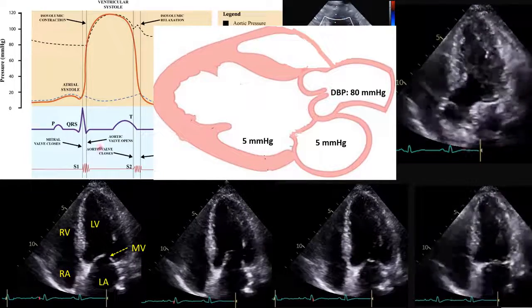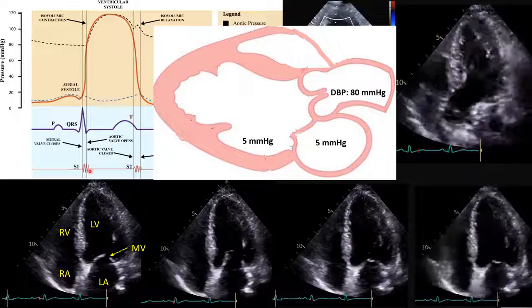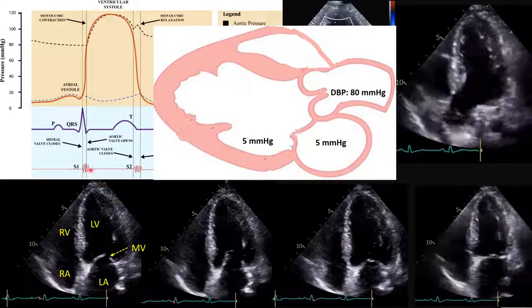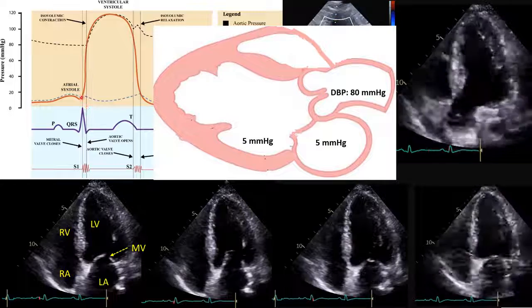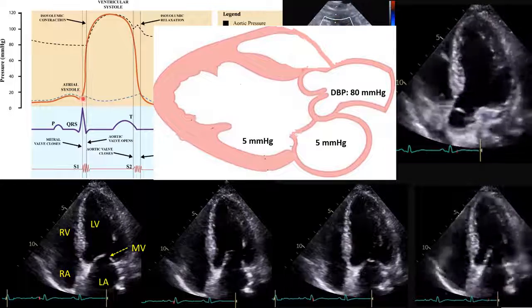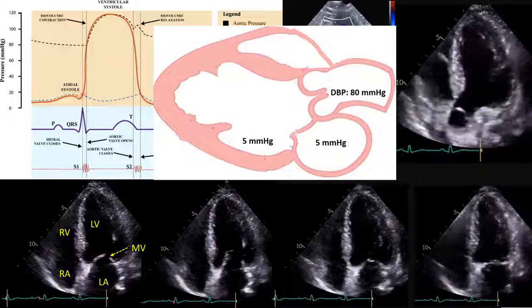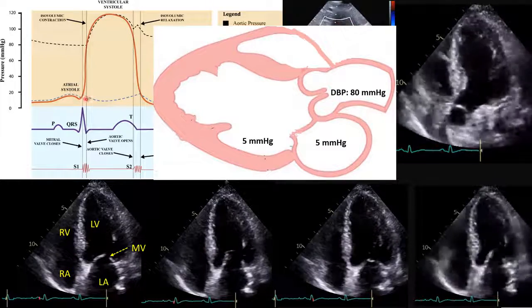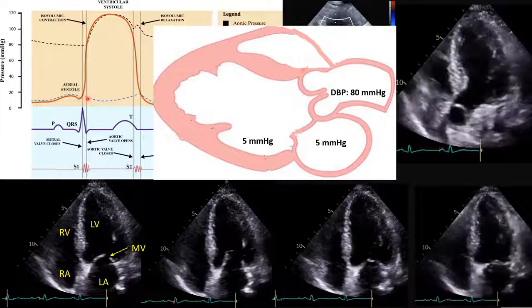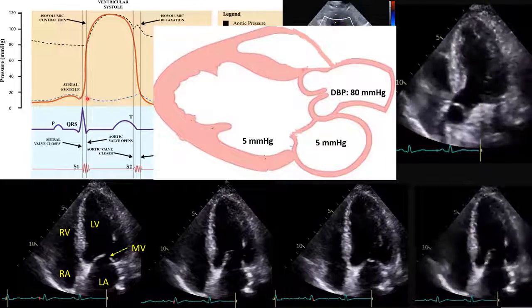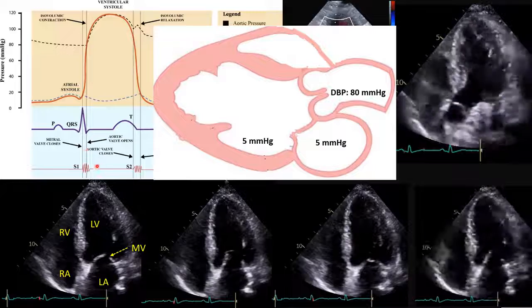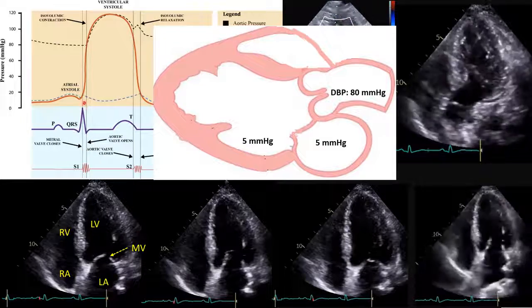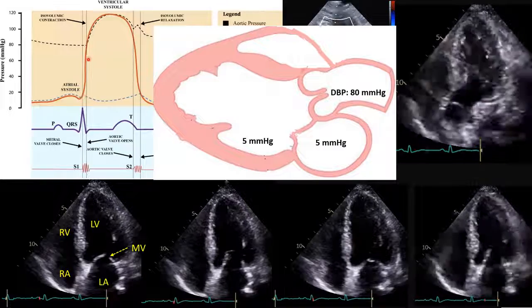Opening of the aortic valve doesn't have a very strong sound, but it is still recognizable. But since the time between closing of the mitral valve and opening of the aortic valve is very short, about 30 to 50 milliseconds, we cannot differentiate those two components of the first heart sound.